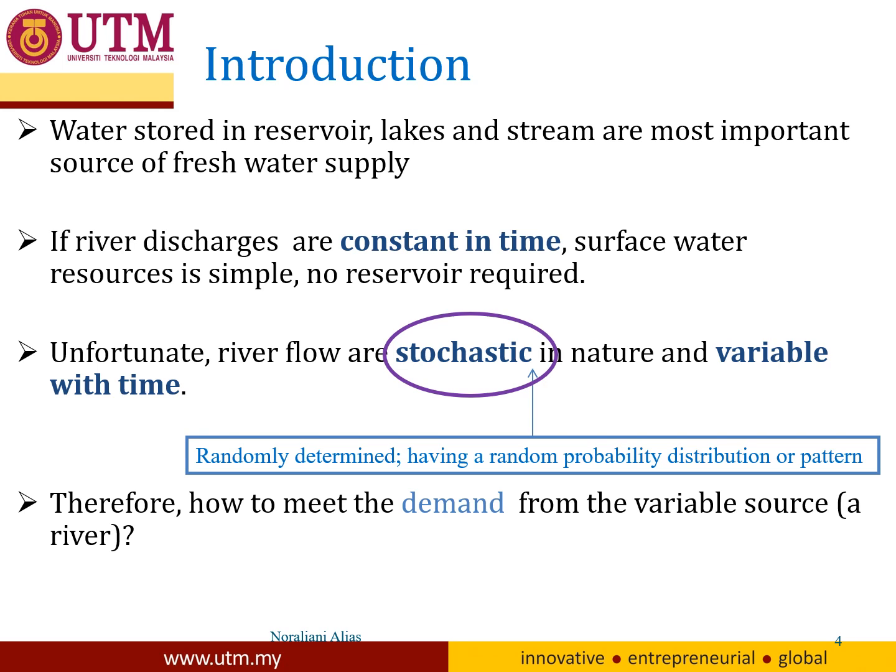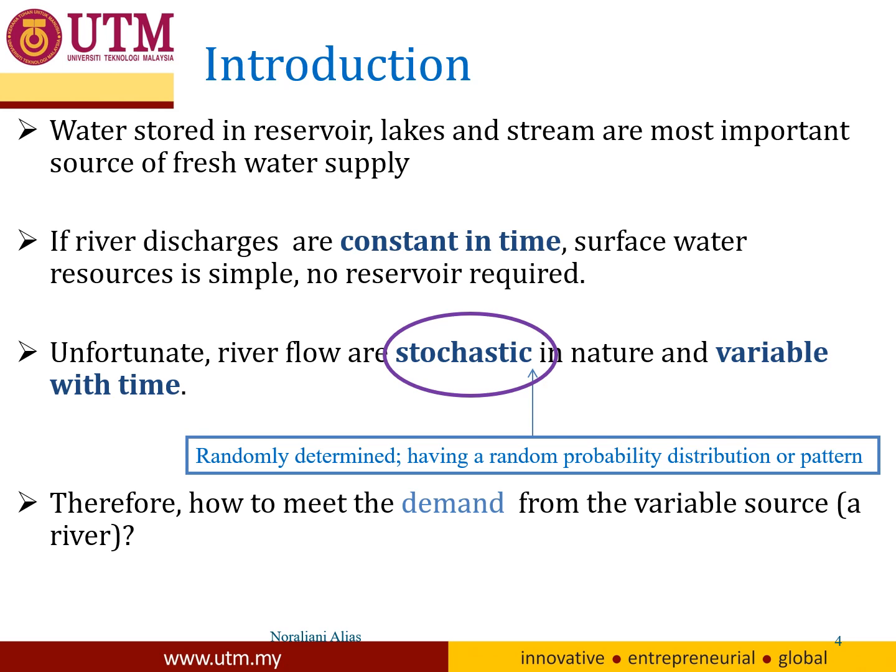If river discharges are constant in time, then surface water resources are simple. Okay, if river flow or discharge is constant in time, but it is not. Sometimes we have high flow, sometimes we have low flow. If the river discharge is always the same amount, there will not be the need to have a reservoir.